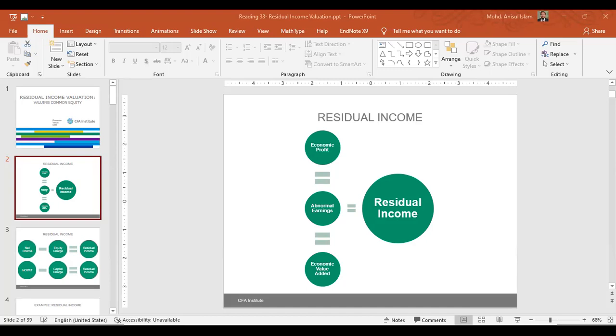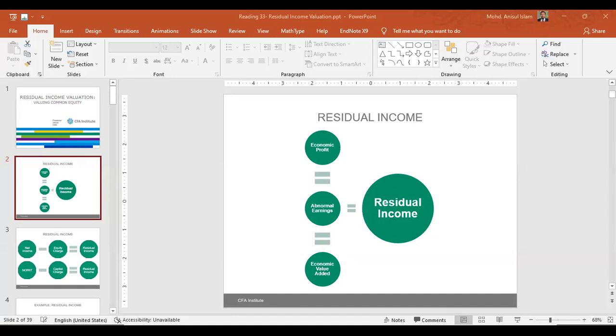And in the price to sales ratio, another point is that the numerator and denominator are not consistent. Let's try to understand it. The price and the sales: this is the numerator, this is the denominator. This price, which price is it? Could you please write in the chat box?